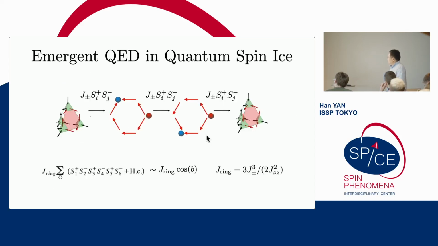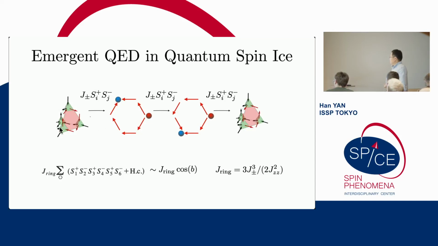What is particularly important is that when you apply these S plus S minus terms, you generate a pair of electric charges, and you can propagate them around, say, the smallest loop on the lattice. So you can generate matrix elements that take a loop going clockwise and flip it to counterclockwise.